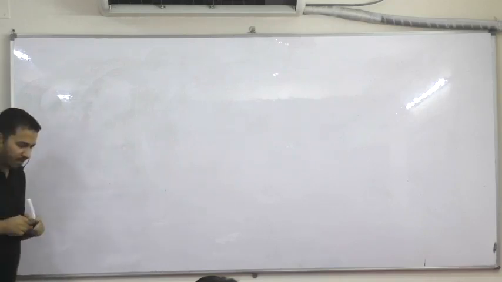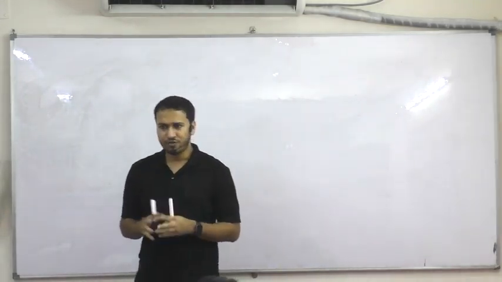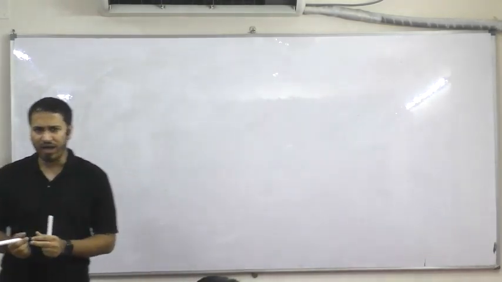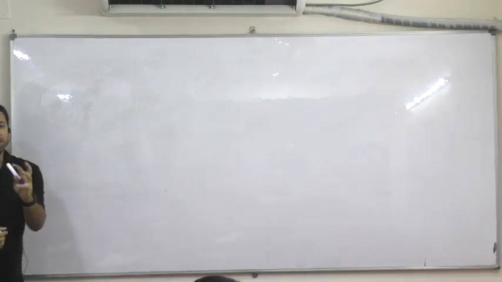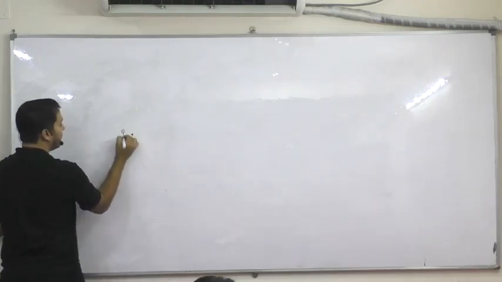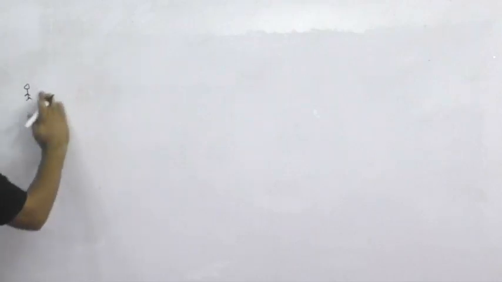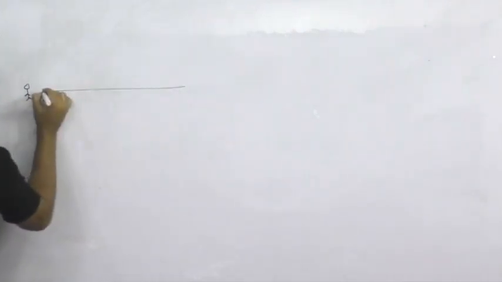Look, before I get into that, do you understand interference? Have you studied interference of waves? Okay, I'll give you a very rudimentary understanding of interference of waves. Let's say I have a boy here who has a string in his hand, right? And he is creating a wave on this string.